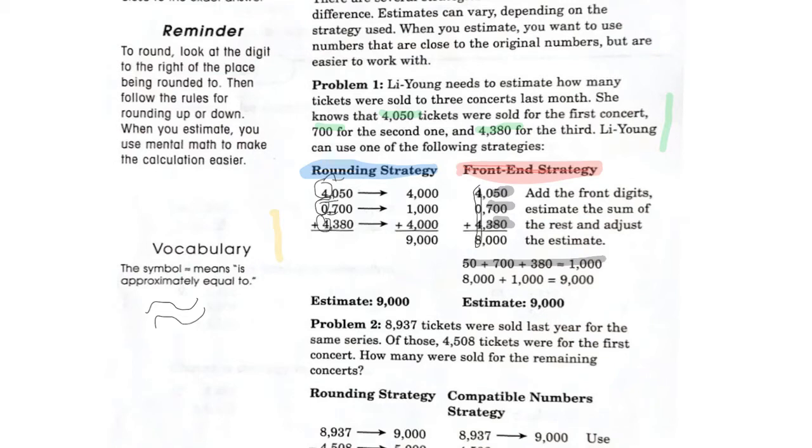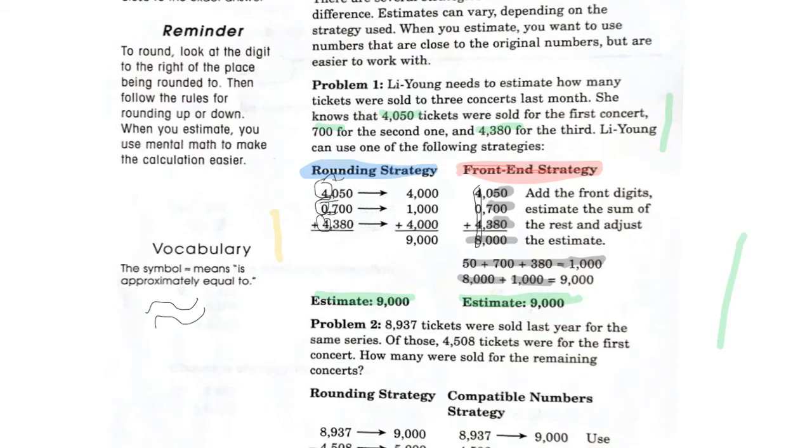So then I take my front end estimate and add it to what I got up here, and I get an estimate of 9,000. So if you look, both rounding and front end strategy, I got the same estimate.